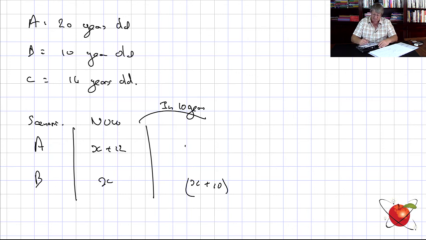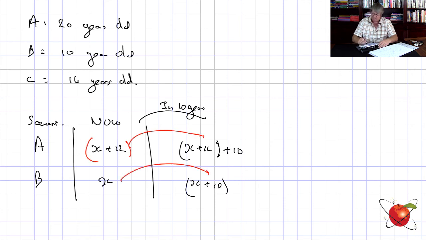And this one is x plus 12 plus 10. Can you see there? What I've done is I have taken this age here and advanced it by 10. Then they'll tell you something about that to link them together.